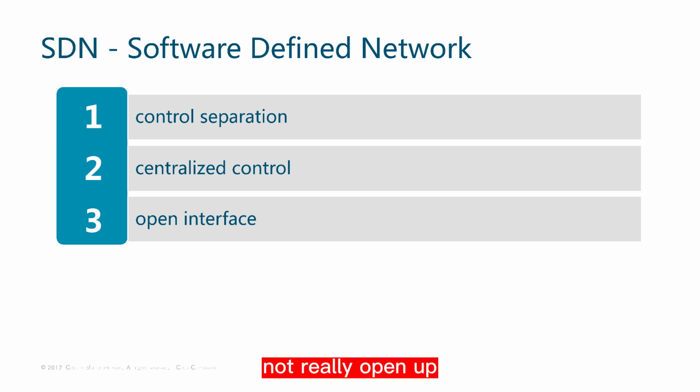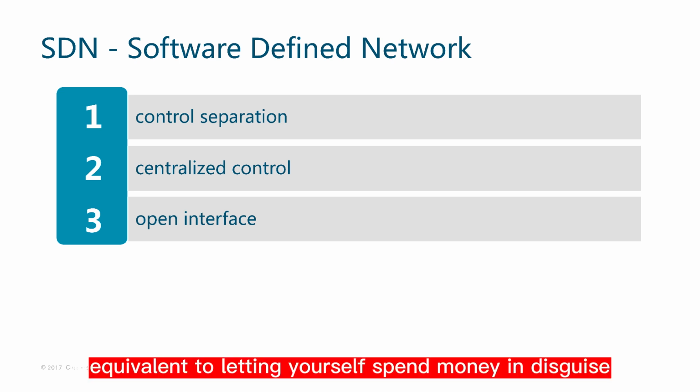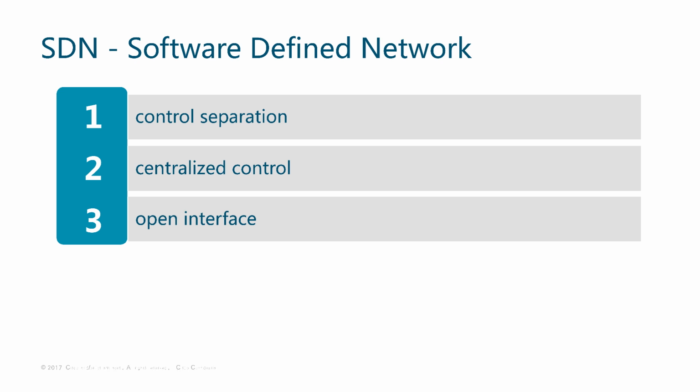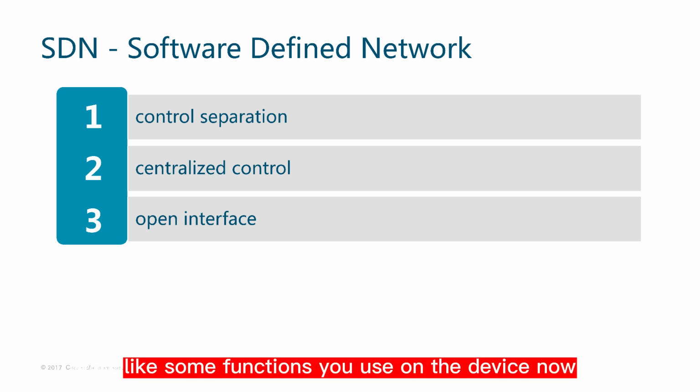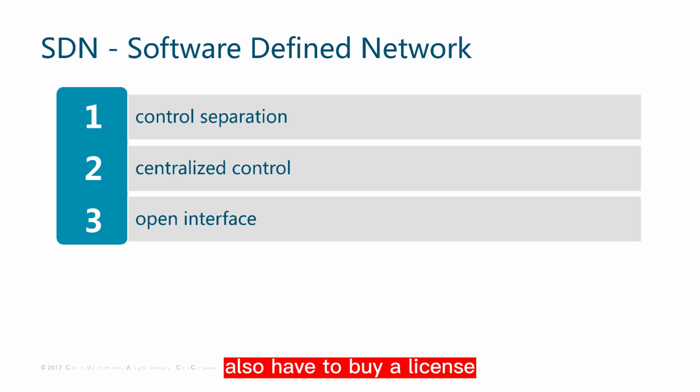It is not really open yet. Some people may think, isn't this equivalent to making yourself spend money in disguise? Actually not. Like some functions you use on the device now, you also have to buy a license. In the future, these functions are just another way to let you pay to use it. It prevents multi-vendor incompatibilities.